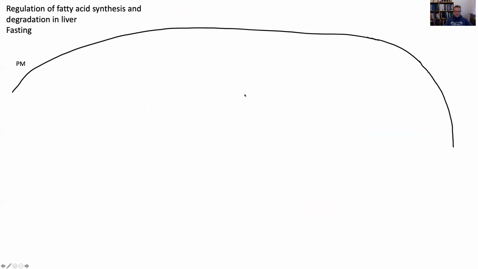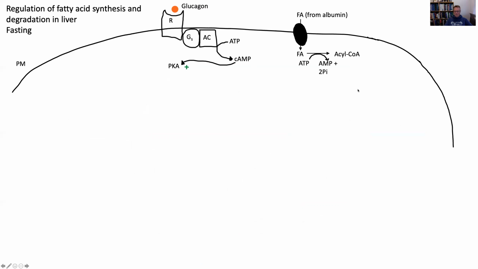When we look at how fatty acid metabolism is regulated, we know that glucagon in liver can activate protein kinase A, and we know that fatty acids from the circulation bound to albumin can enter the hepatocyte and become activated to acyl-CoA esters.